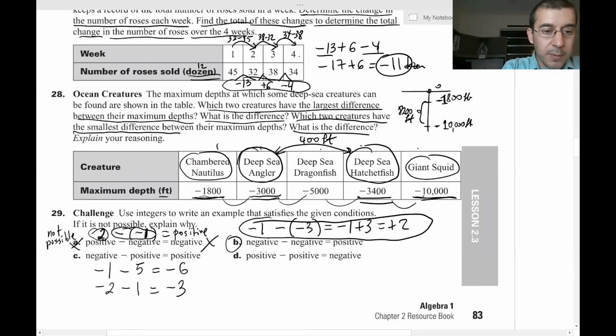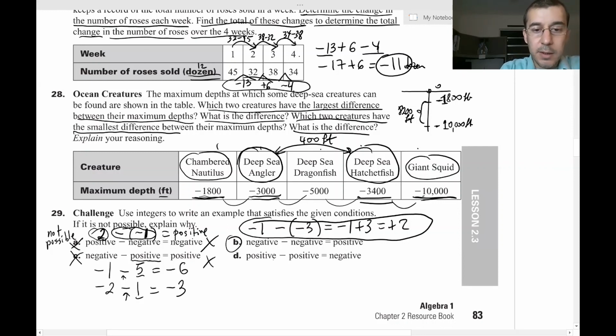Why? Because we have a minus here in front of the positive integer. So we have a negative sign, and we already have a negative here. So we're basically adding up two negative numbers. This is always going to be a negative number. So this is not possible. So C is not possible.